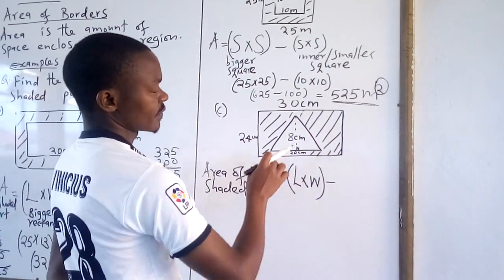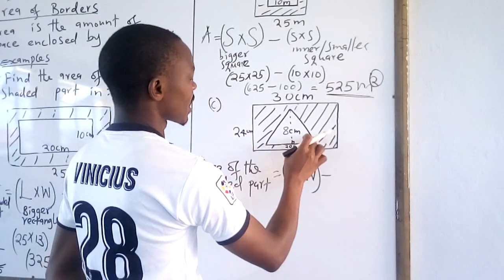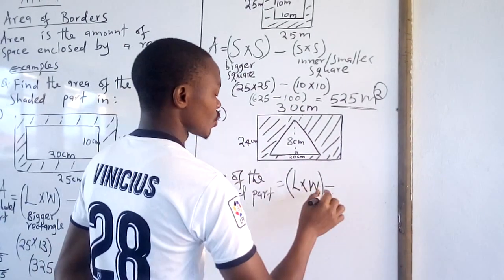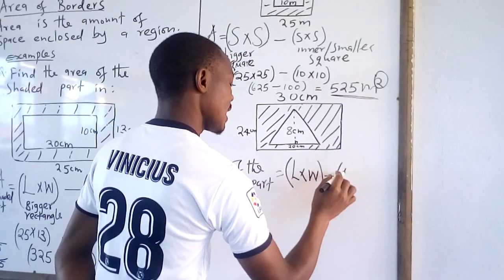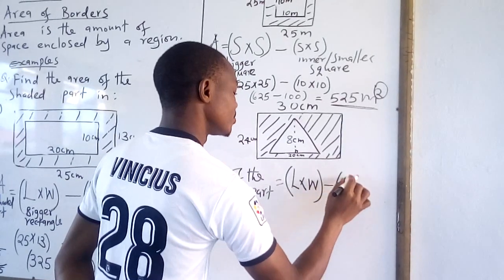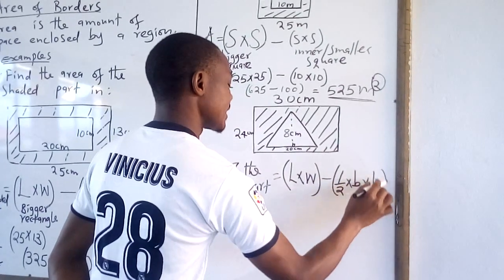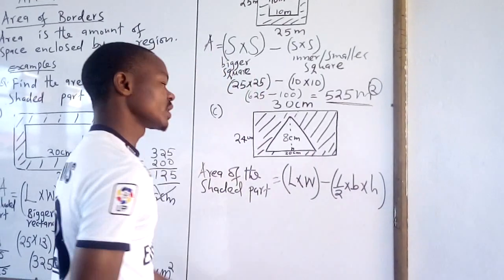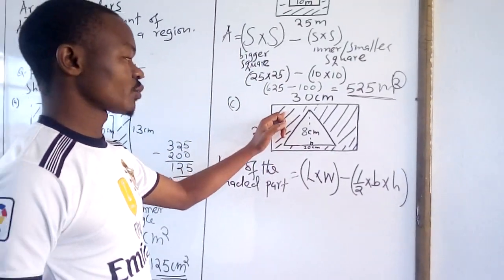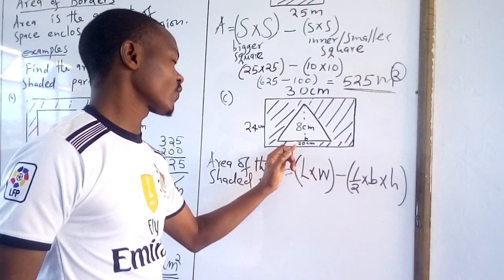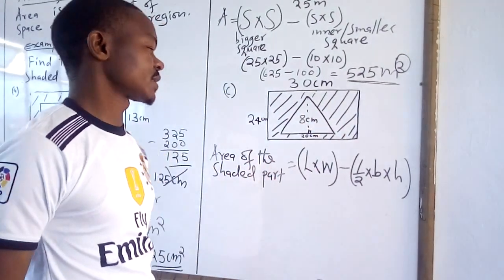minus the area of the inner figure, which is a triangle. So area of a triangle is half times base times height. So this is the formula that is going to lead us to get the area of the shaded part.